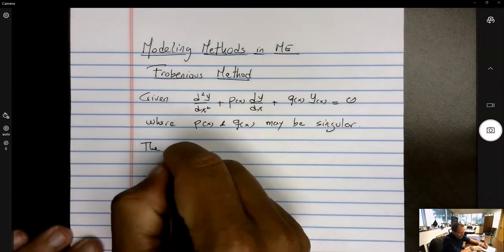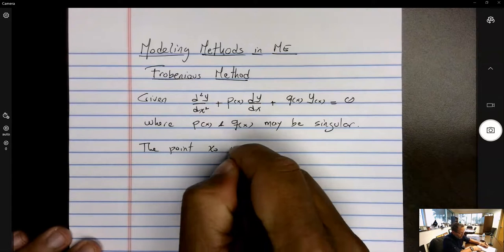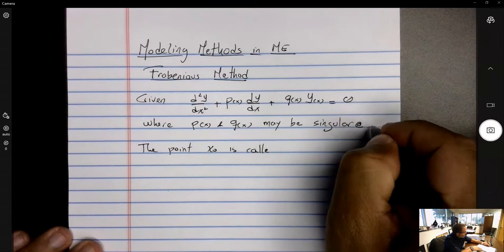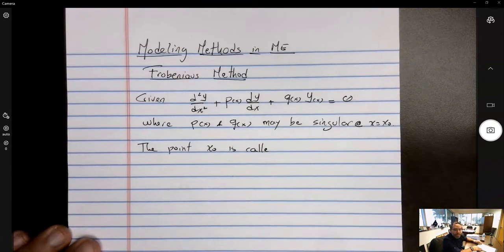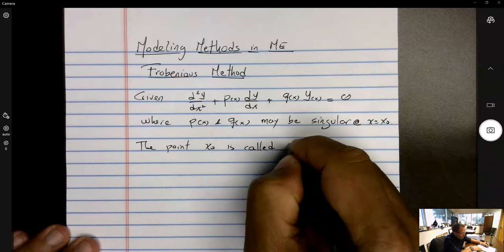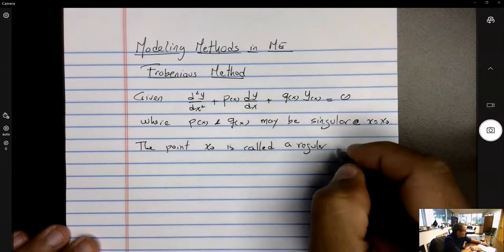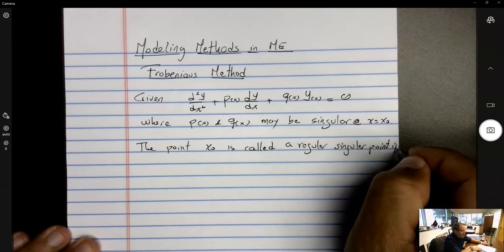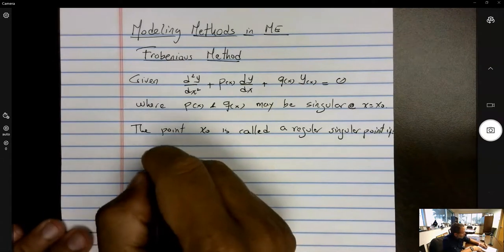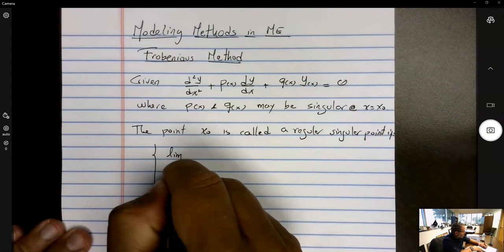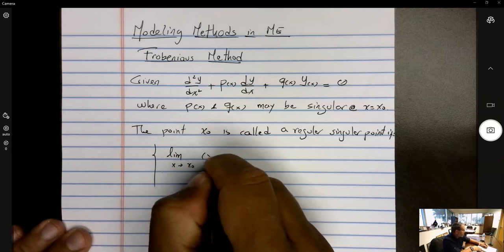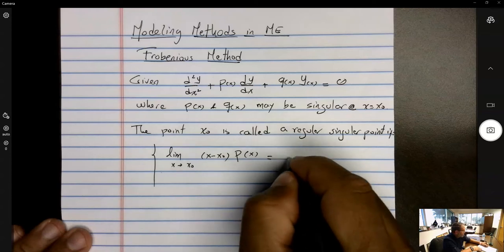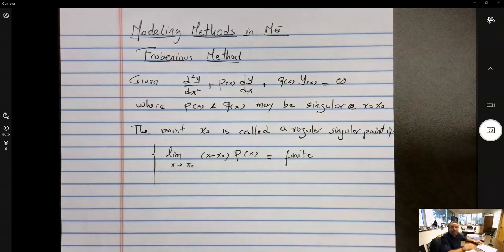Now, we're going to say they're singular at x equal x0. The point x0 is called a regular singular point if, as long as these conditions apply, the limit as x goes to x0 of (x minus x0) times p of x is a finite number, so the singularity is eliminated.